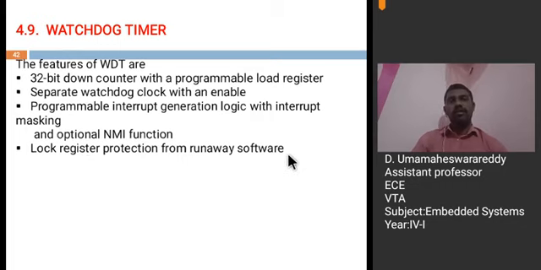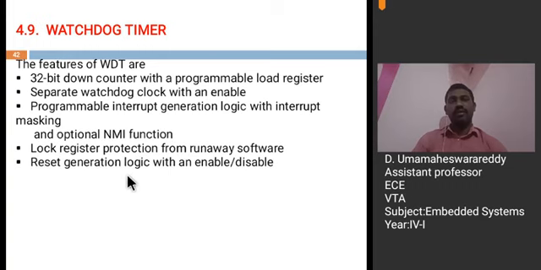That means you can lock the control register so that the software cannot write data to that register accidentally. And the watchdog timer is also having reset generation logic which can be enabled or disabled. That means you can use the watchdog timer as a general purpose timer, or you can use it for resetting the processor if any hardware failure occurs.